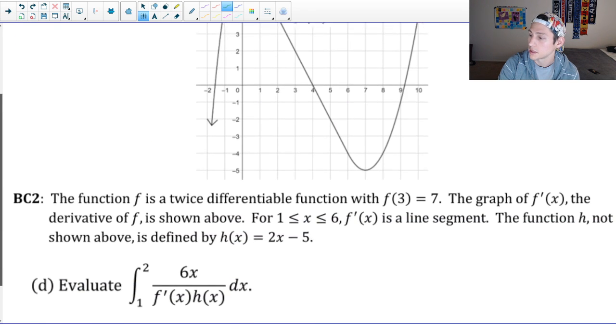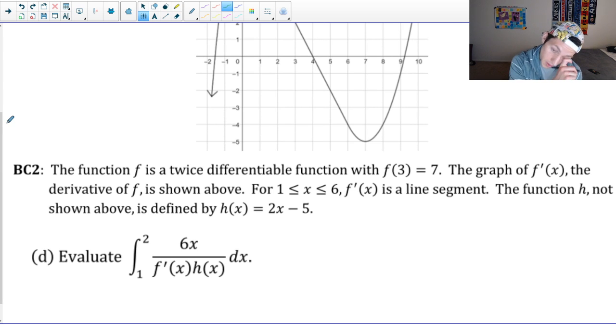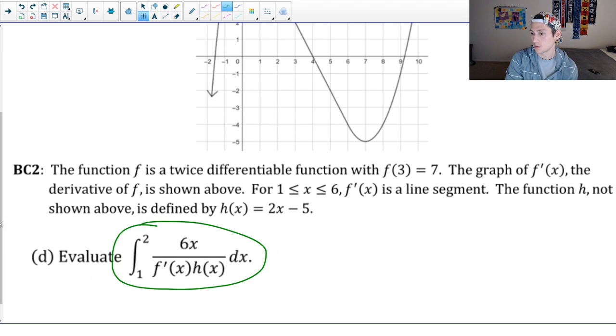Let's do part D. Oh, jeepers. Okay. Part D. Evaluate the integral from 1 to 2 of 6x over f prime of x times h of x dx. Yikes. Okay, so I want this integral.